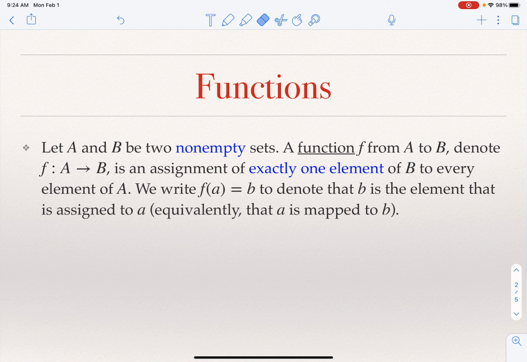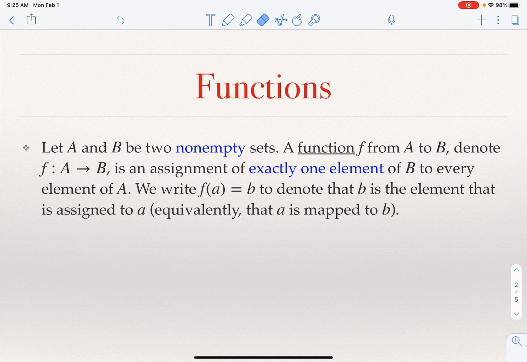So you look at every element in A, you go through the elements of A one by one. For each one of them, you find an element in B and you map that element to the one in A. So we write f of a equals b to denote that we have assigned the element b to the element a.